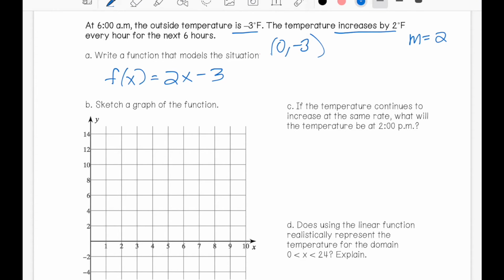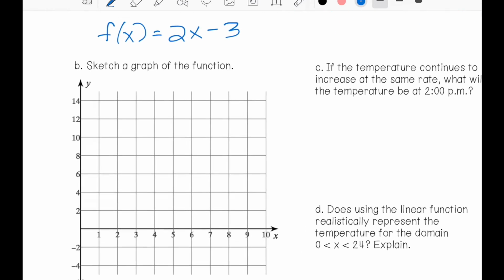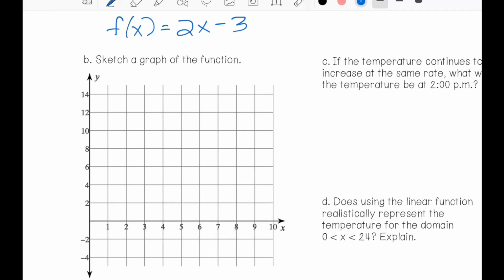So now I'm going to be graphing this. Looking at my y-axis, it's counting by 2's, so be careful when you graph it that you're putting your point in between here. So that's at the point 0, -3 on the y-axis. From there, our rise is 2 and our run is 1. So move up 2 to the right 1. And continue this all the way until you get to where x is 6.